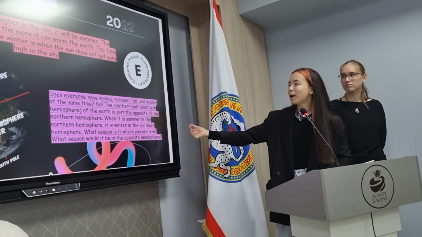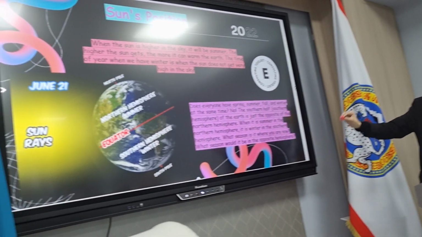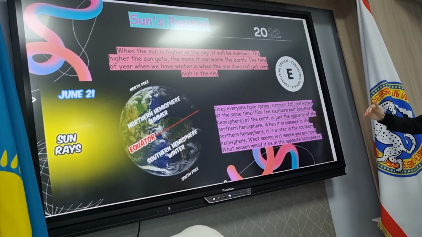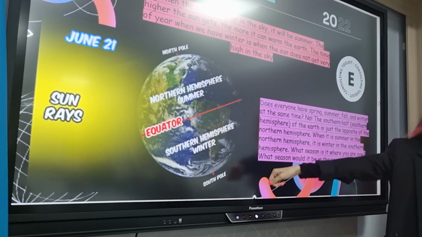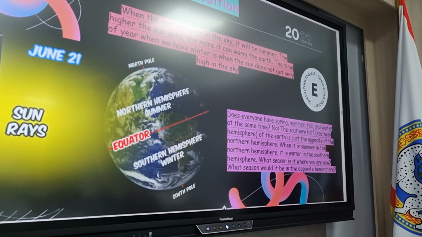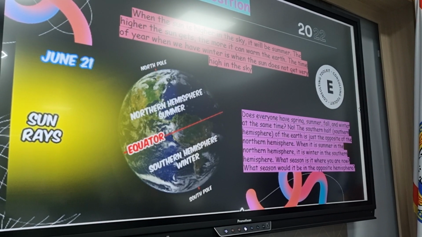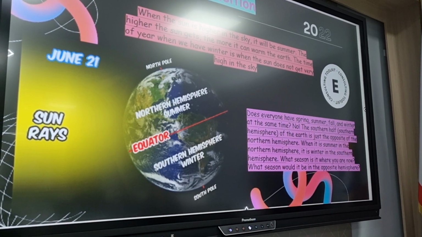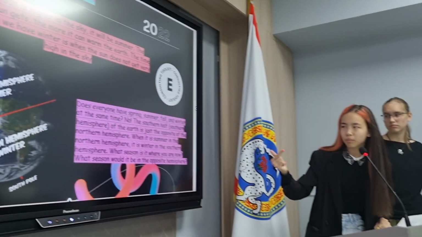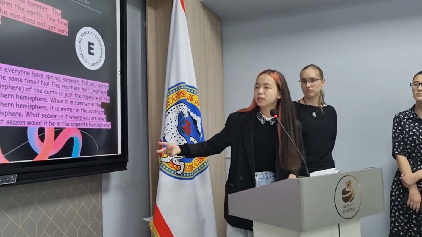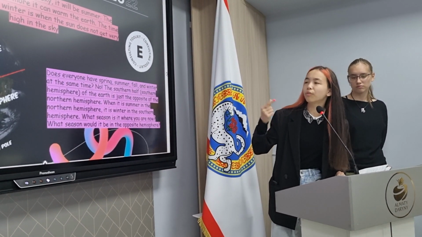Okay, now we have the equator. The equator is also a line located between the southern hemisphere and the northern hemisphere. If the sun lies over the top of the Earth, it means that area is hot and warm, and that's where we have the day or the summer, depending on how it revolves.